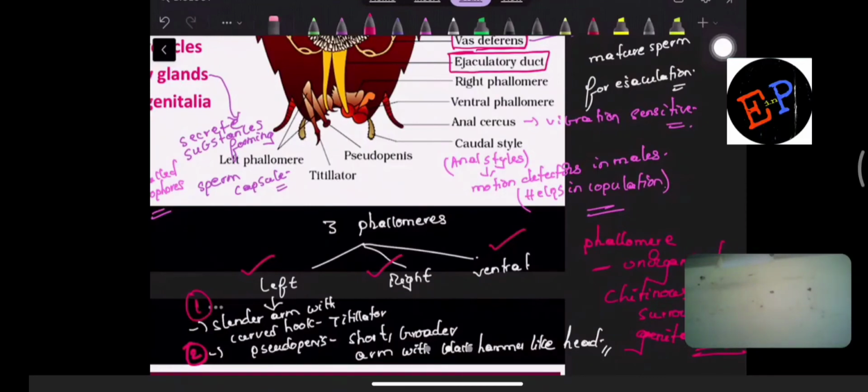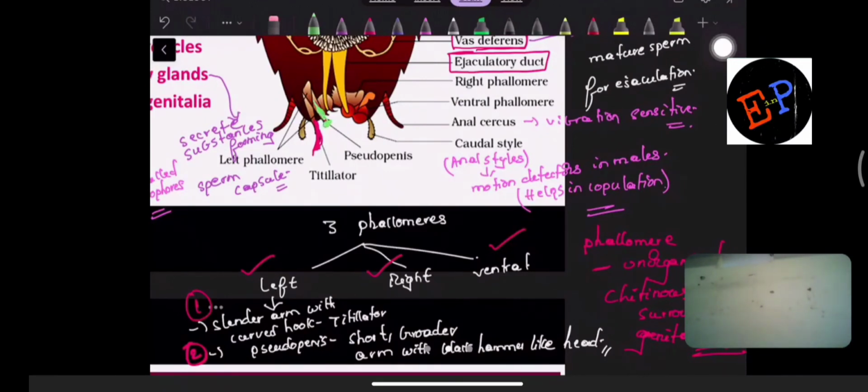One is the slender arm with a curved hook. Here you are able to see in this figure, this one is called the titillator.